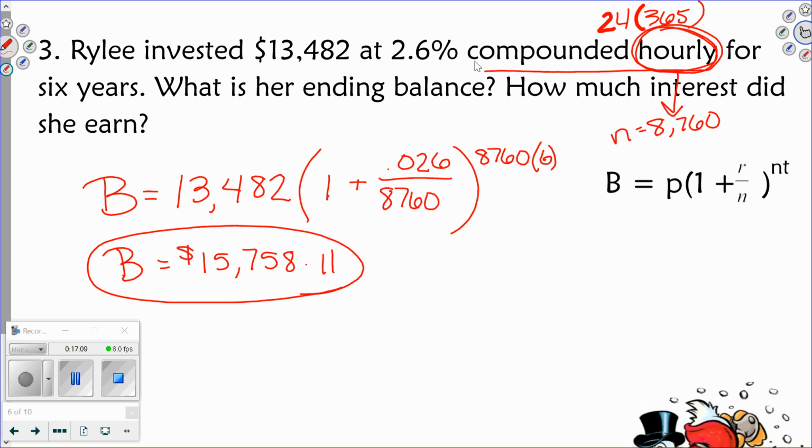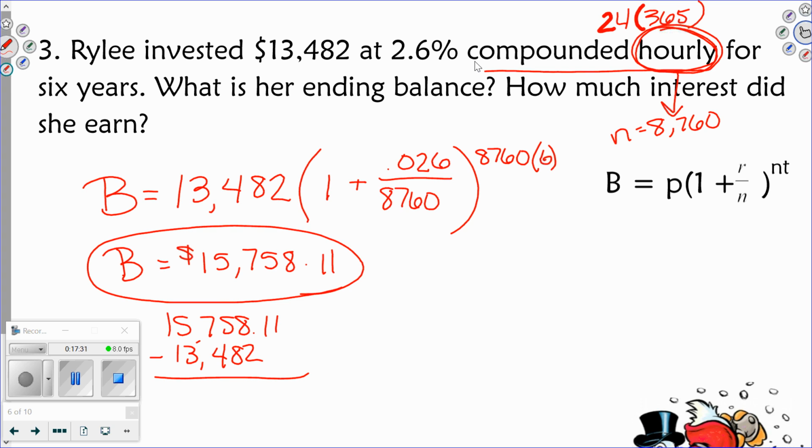Did it say simple interest? No, it didn't say simple interest. If she started with 13,482 and now she has 15,758, how much did she earn? Just subtract them. All you have to do is subtract. Don't jump to another formula because it asks for interest.